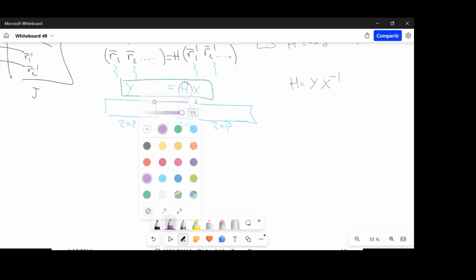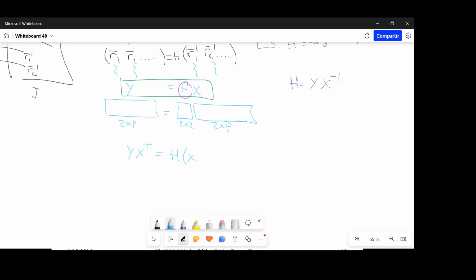So let's multiply by x transpose. Okay, so let's look at the sizes again. So this is 2 times 3, and this is 3 times 2. This is 2 times 3 times 2. But then this is 2 times 2.